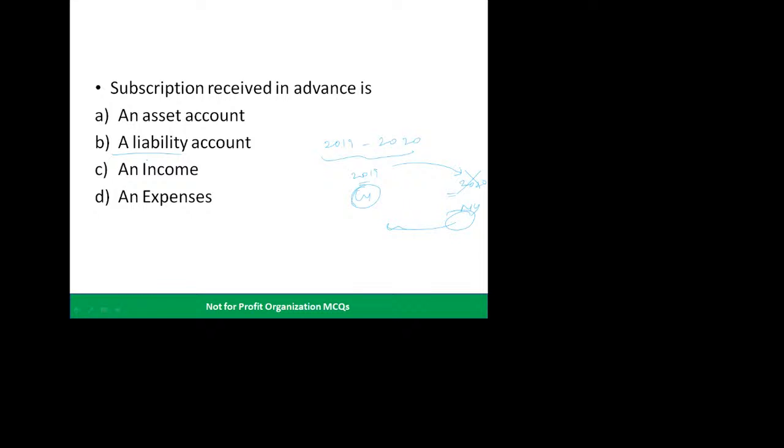Very good. So the correct answer is option B, liability account.